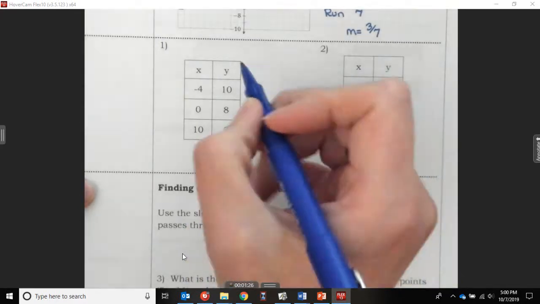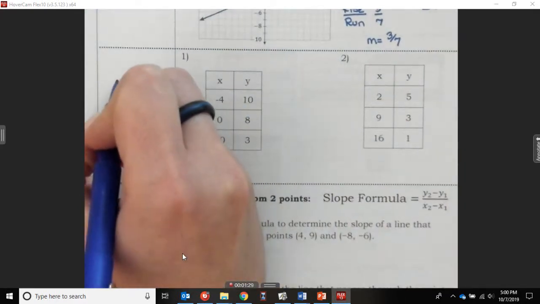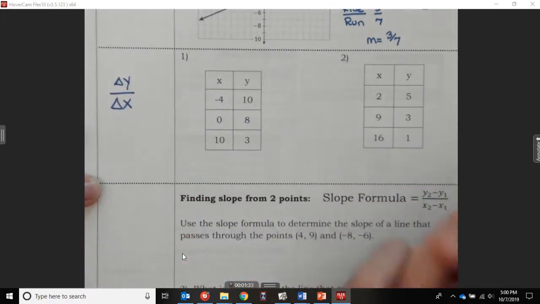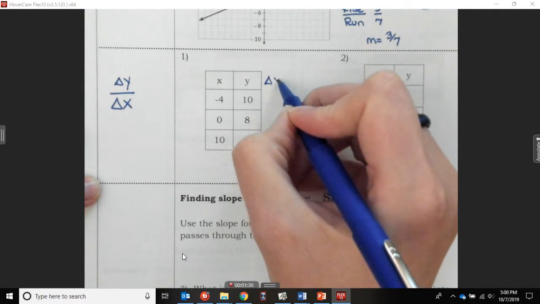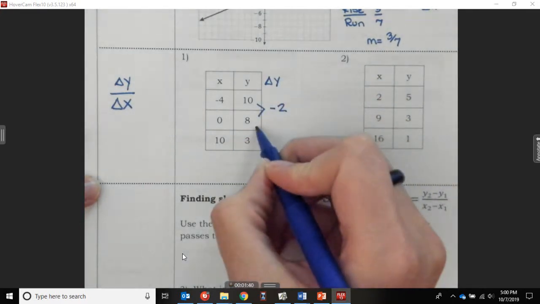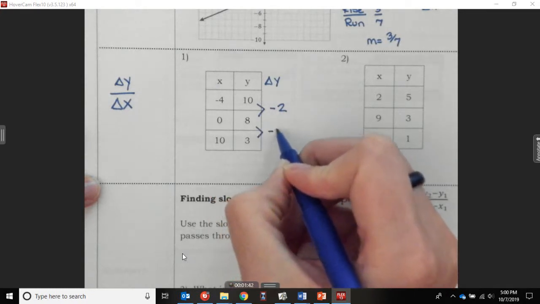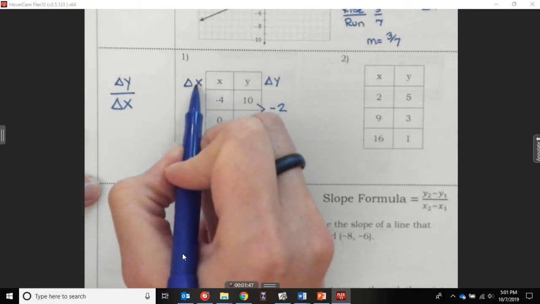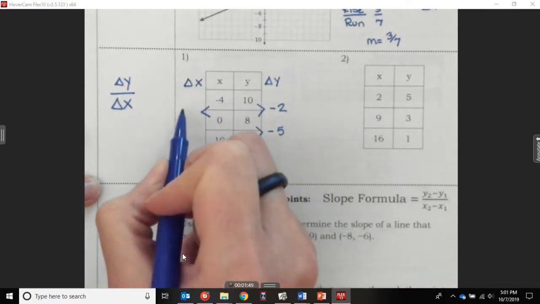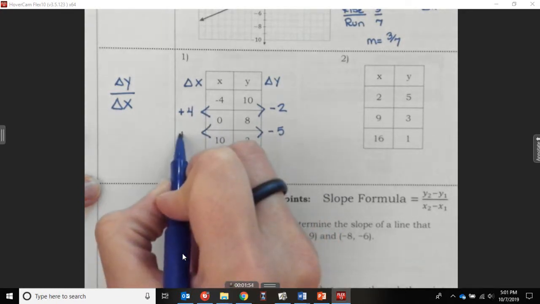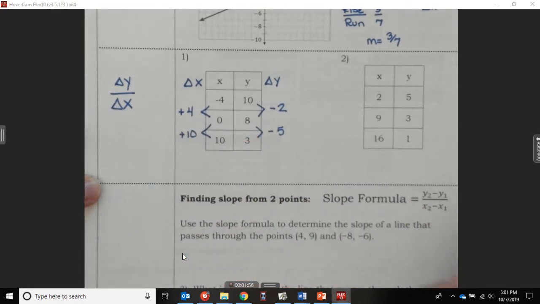If we're finding slope from a table, we find the change in y divided by the change in x. So my change in y, how do I get from 10 to 8? Well, I'm minus 2. From 8 to 3, I'm minus 5. And then my change in x, from -4 to 0, I add 4. From 0 to 10, I add 10. And then we look specifically at just this first one.